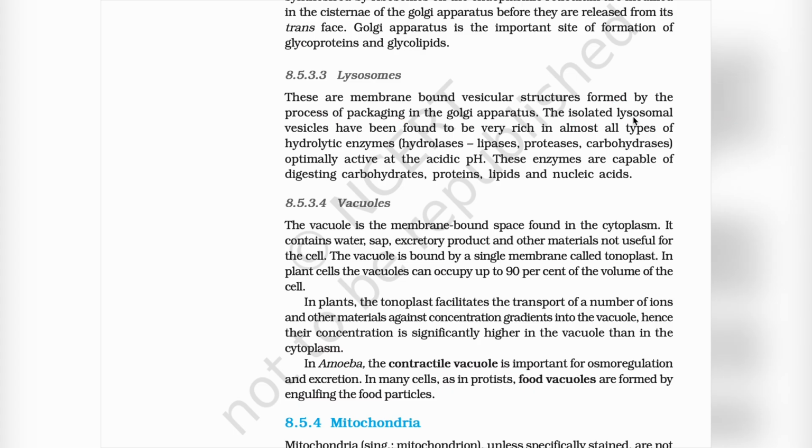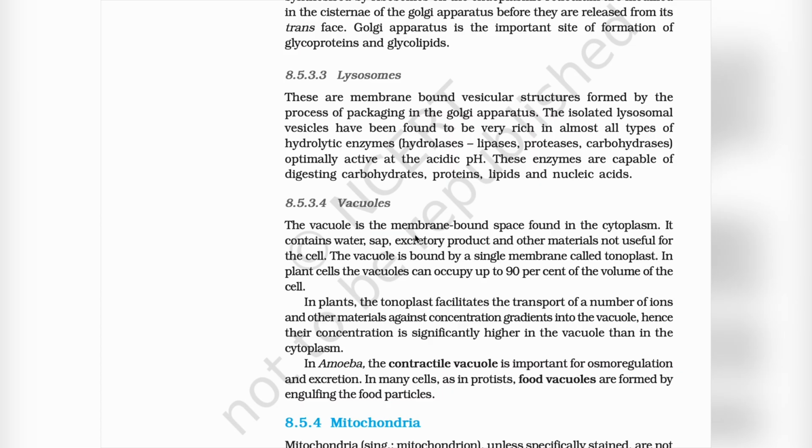The isolated lysosomal vesicles have been found to be very rich in almost all types of hydrolytic enzymes, hydrolases, lipases, proteases and carbohydrases, optimally active at the acidic pH. These enzymes are capable of digesting carbohydrates, proteins, lipids and nucleic acids.